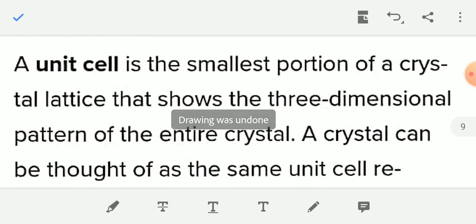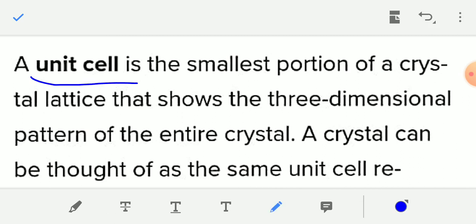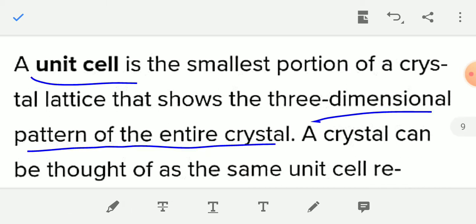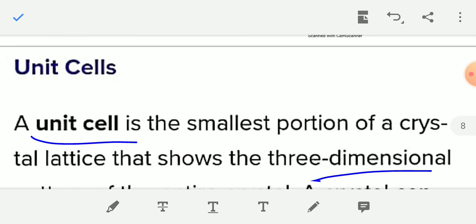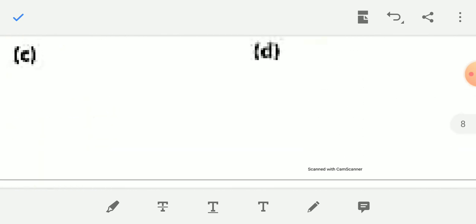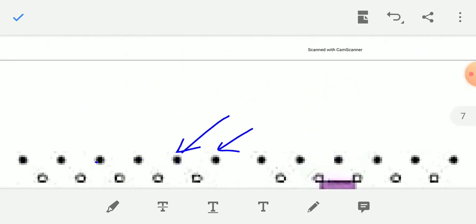A unit cell is the smallest portion of a crystal lattice that shows the three-dimensional pattern of the entire crystal. So for unit cell, first you have to know what is crystal lattice, and then unit cell.